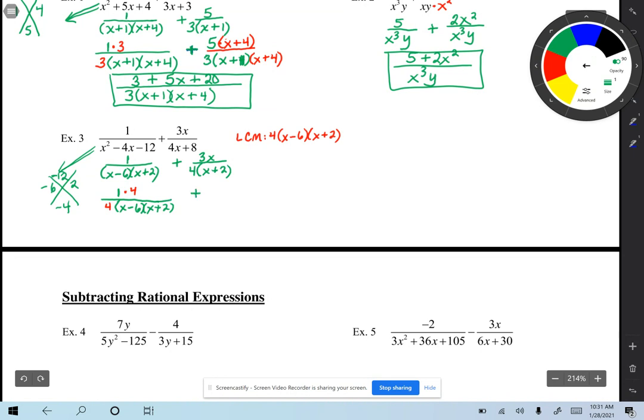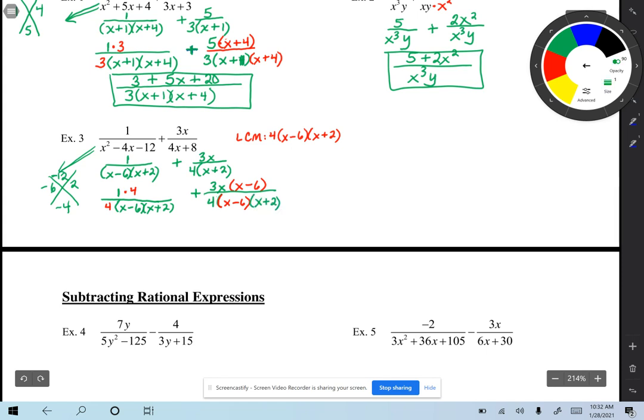Second fraction, what is it missing? Well, it has the 4 and the x plus 2, but it's missing the x minus 6. So 3x times x minus 6 over 4 times x minus 6, or you could put it at the end, but if you want it to go in order, put the x minus 6 now, times x plus 2.